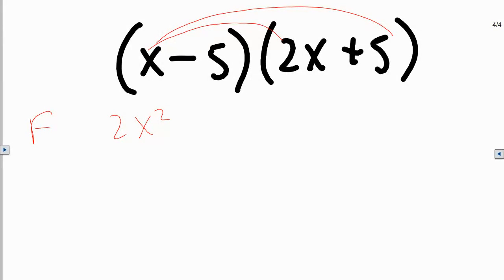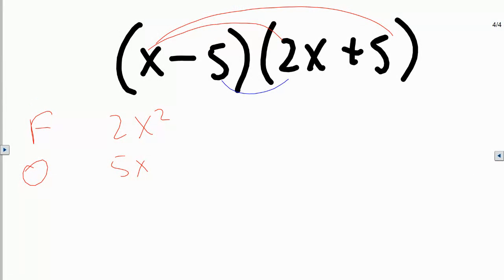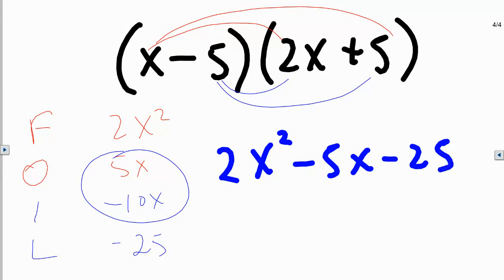Your outer terms would be x times 5, which is 5x. Then you do your inner terms, which is -5 times 2x, which is -10x. And your last terms, which are -5 times +5. Again, we have like terms in the middle, so our final answer is 2x squared minus 5x minus 25.